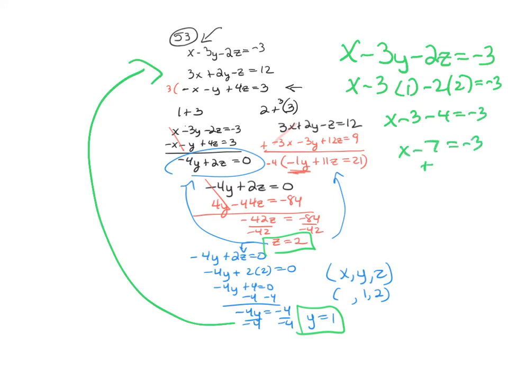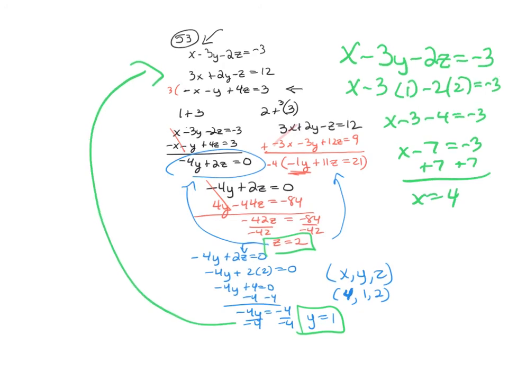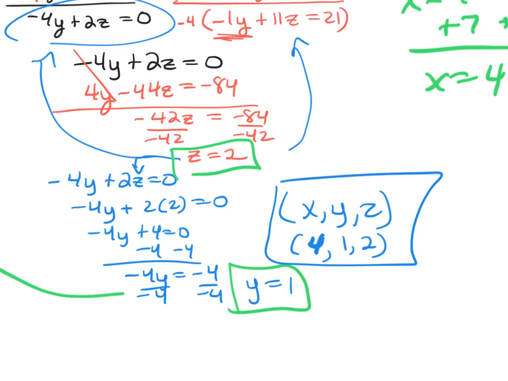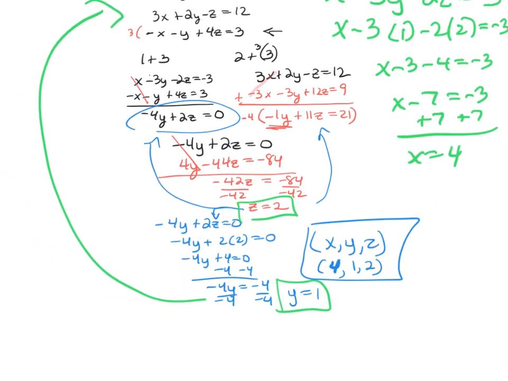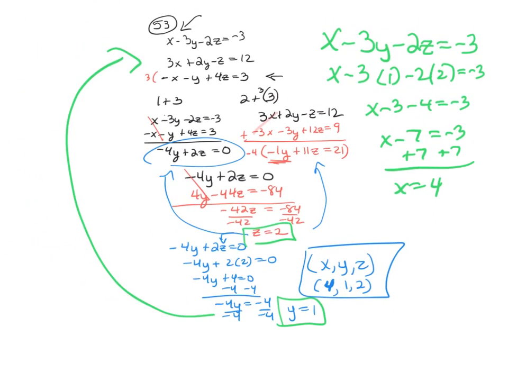Oops, add 7. And I get x equals 4. So my ordered triple is 4, 1, 2. Pretty good on that one.